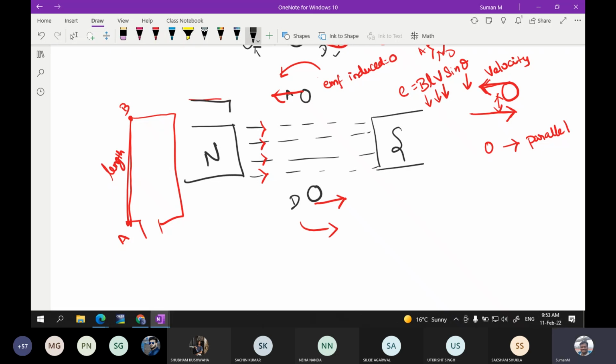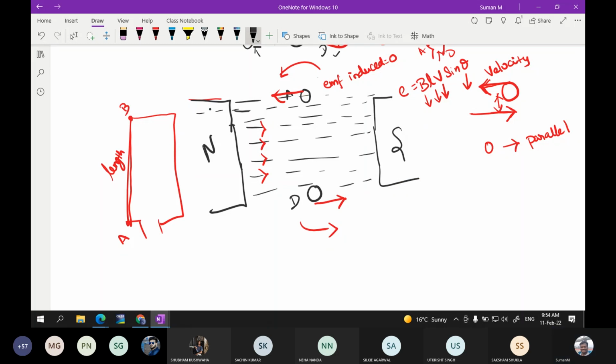Okay, so actually, you can have the North Pole here and the South Pole here. You can have this here also. So the point is, you are having a conductor that is going to move in this direction because it is moving in the anti-clockwise direction, and there is another conductor going to move in this direction.